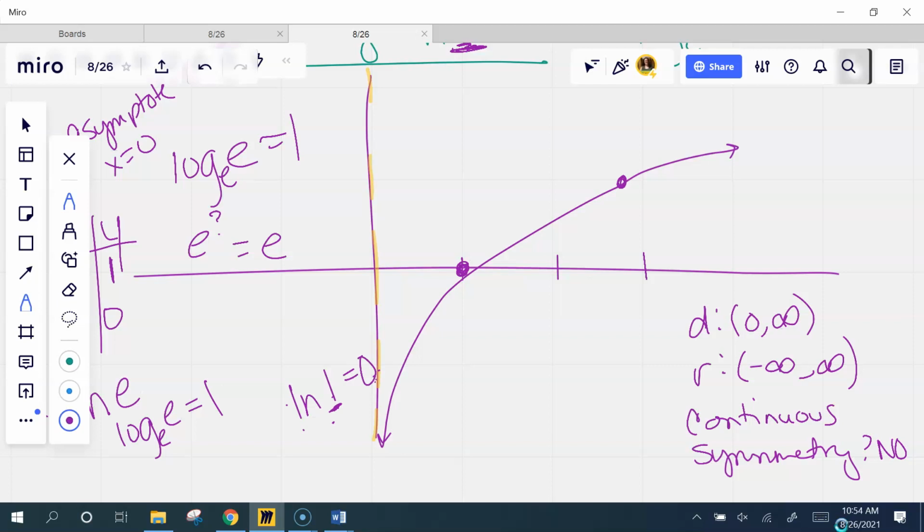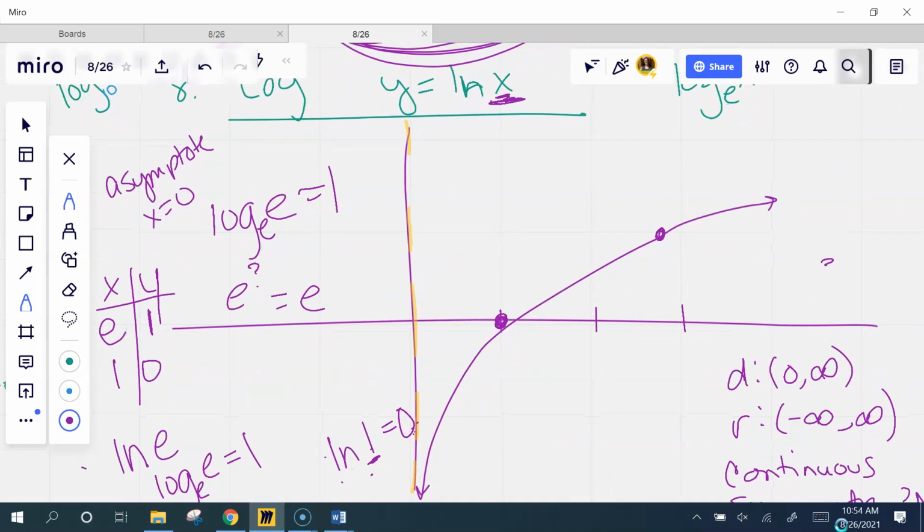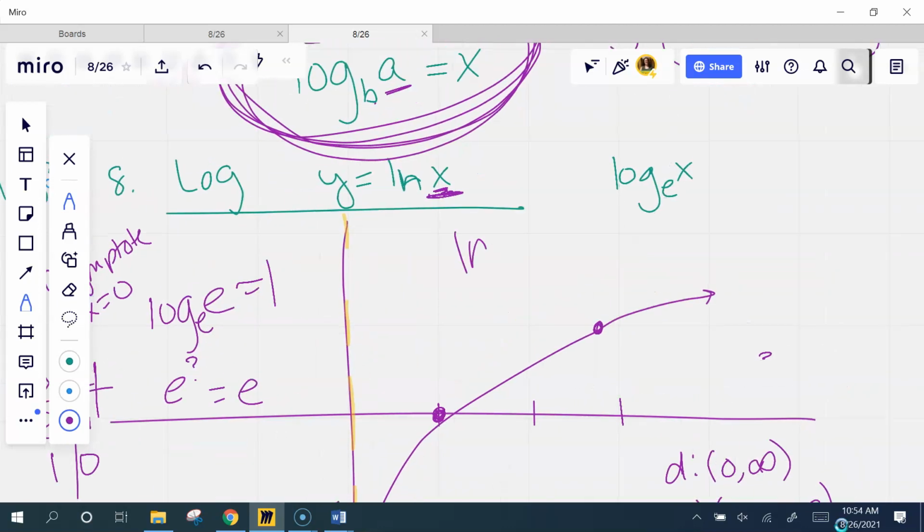If it's y equals, it's a horizontal line. Well, because we're going to go back to the log properties. If I put 0 in, this is E, right?